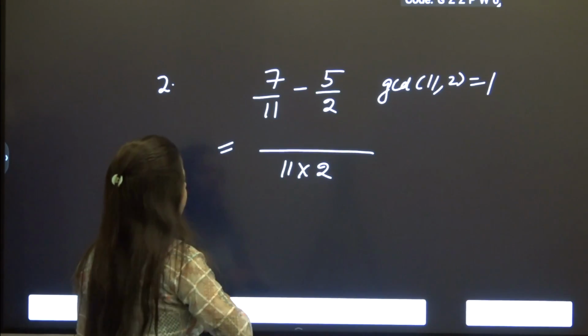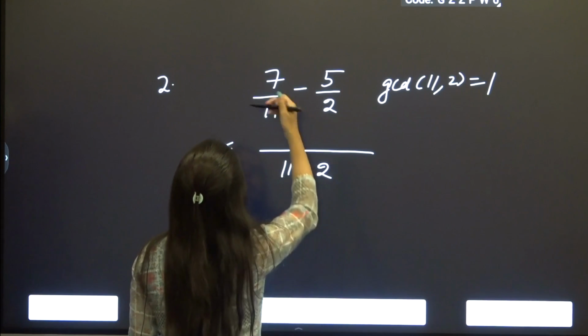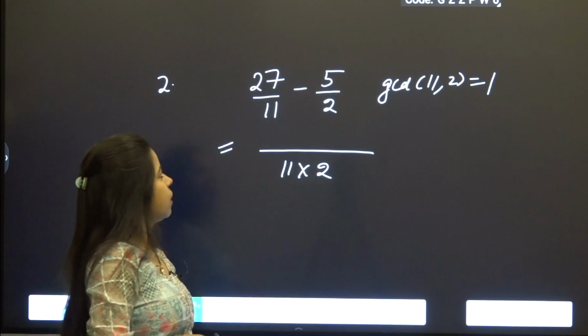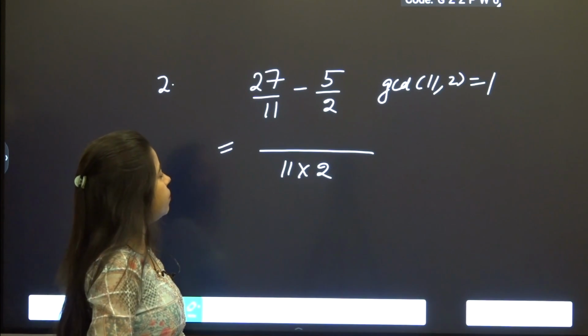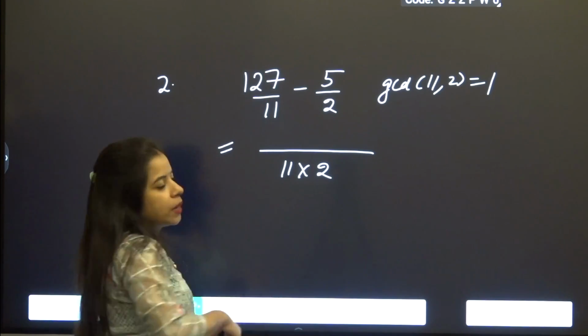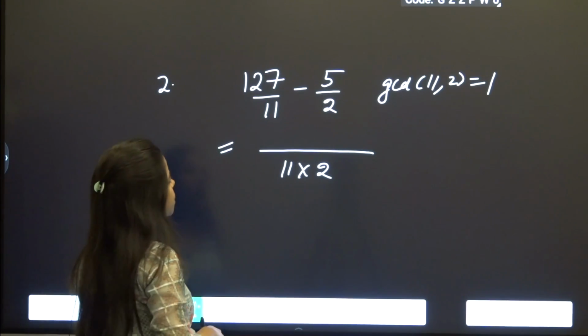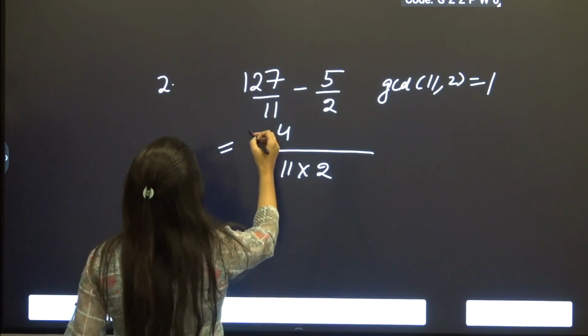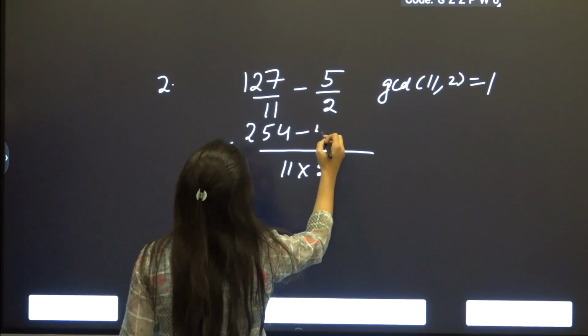So let me modify the question. So this will become 54, or let's say 127. So this will become 254 minus 55.